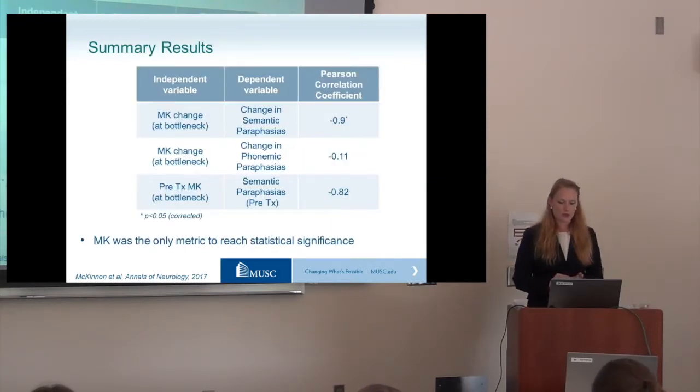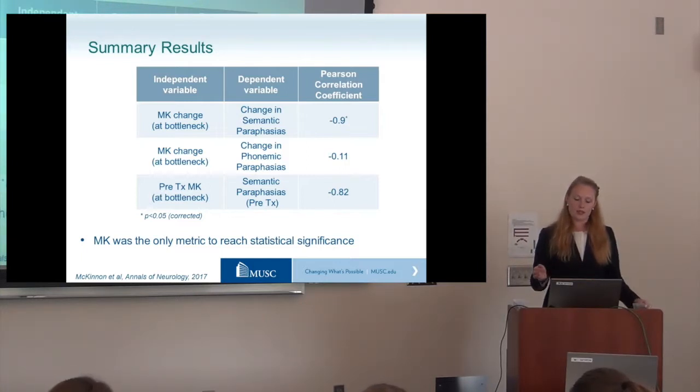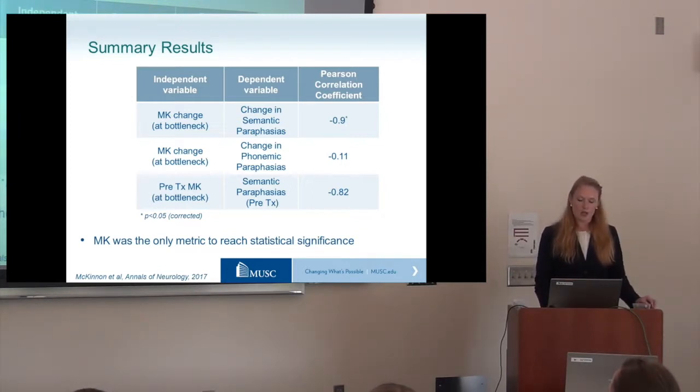Some other results. This top part was the change of mean kurtosis at the bottleneck with the change in semantic paraphasias, which had a correlation coefficient of 0.9. We also related this with the amount of phonemic paraphasias, which kind of confirmed that maybe this part of the brain is not responsible for the phonemic aspect of language, and we saw no relationship there.